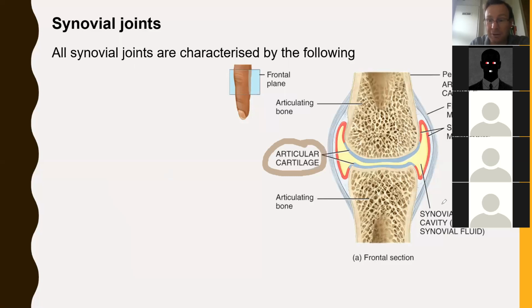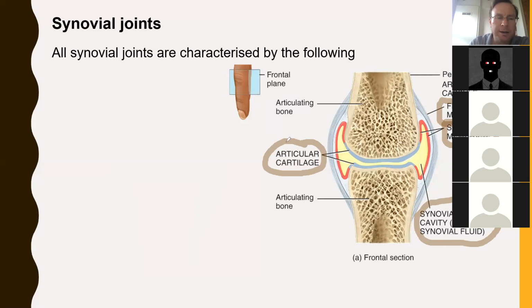They have a cavity, a synovial cavity, which contains synovial fluid. They have a synovial membrane. They have a capsule or a fibrous membrane over the top. And that's it.